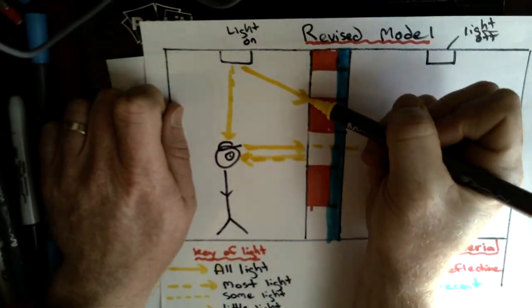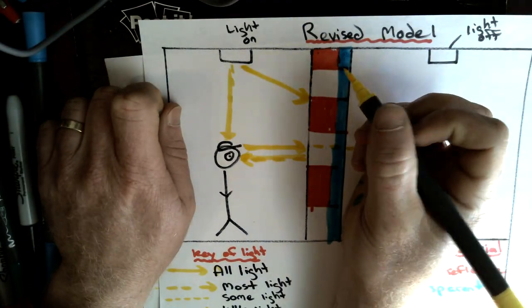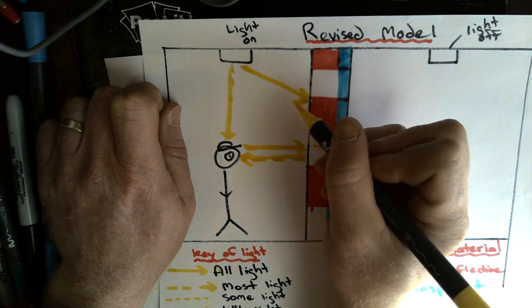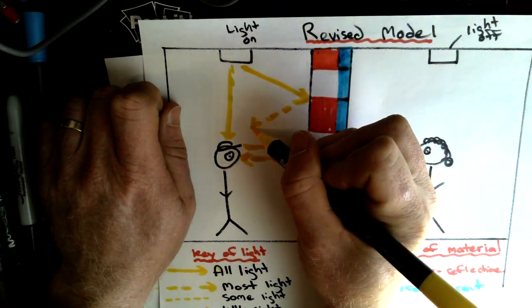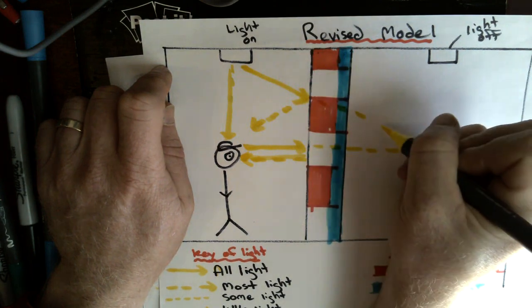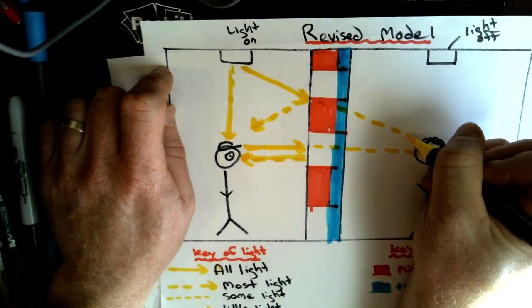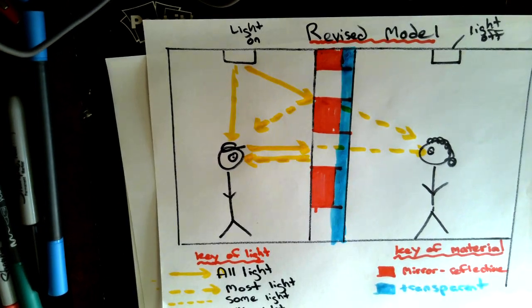Well, if it came off this angle, it would hit the mirror. What would it do next? Right, about half of it would reflect, and about half of it would transmit.